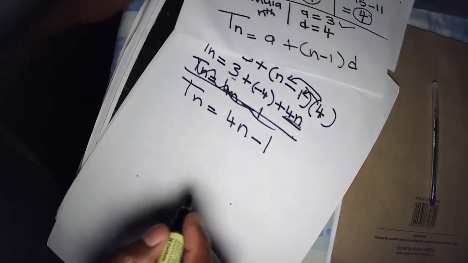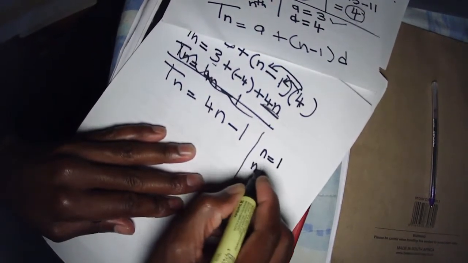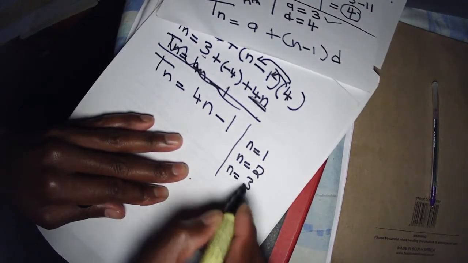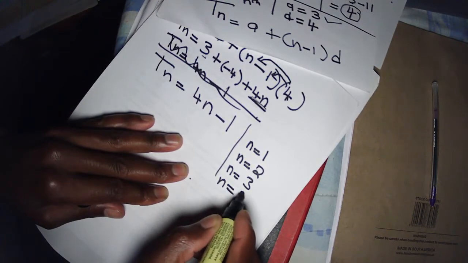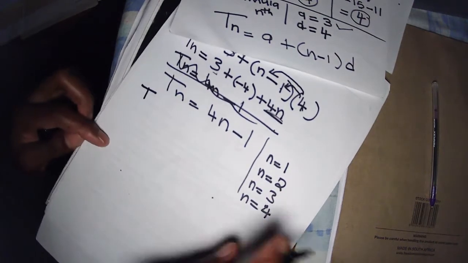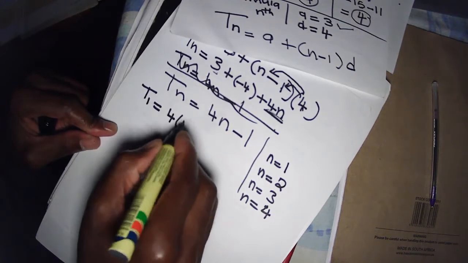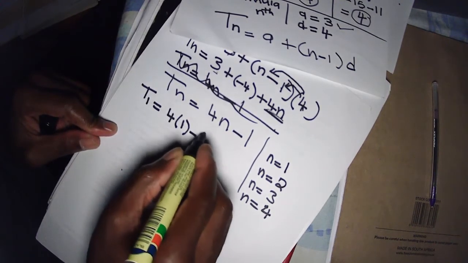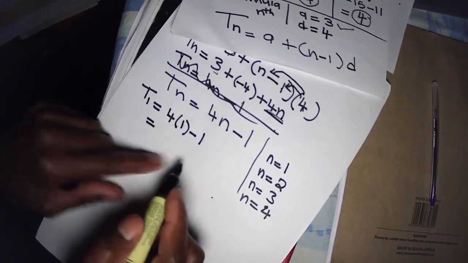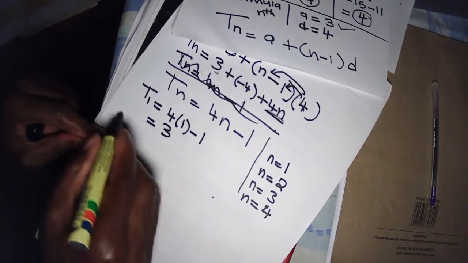So we put n is equal to 1, n is equal to 2, n is equal to 3, n is equal to 4. Now t1 is equal to 4 times 1 minus 1. So the answer is 4 times 1 subtracting 1, you get a 3. All right, so this is the answer.